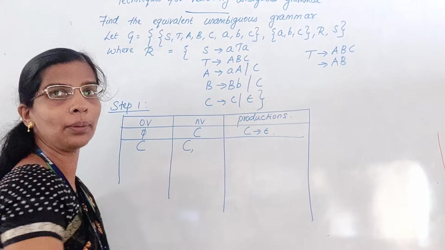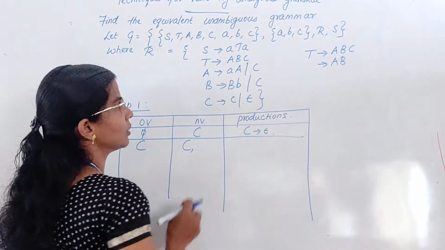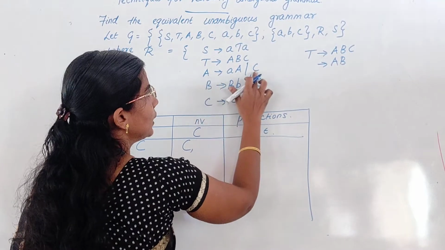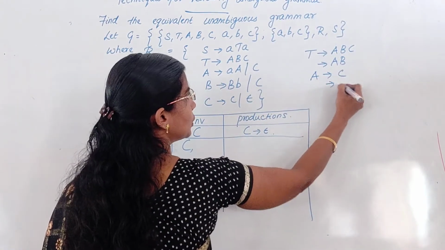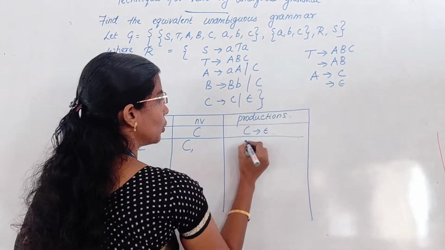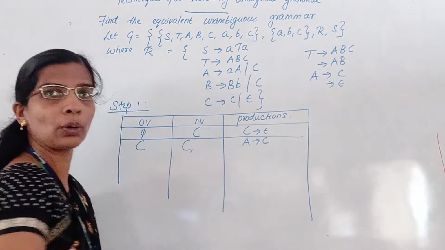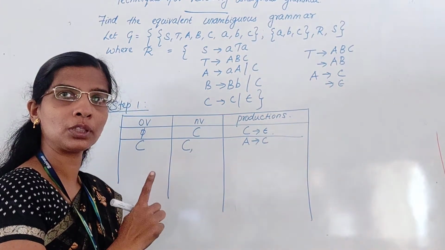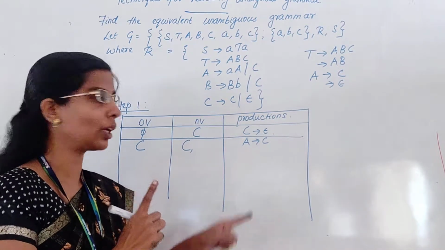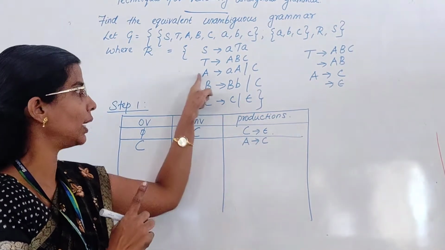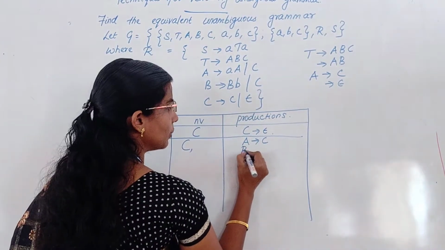I get A, B. I am not getting only epsilon in RHS. But here you check A tends to C, substitute, you will get epsilon. So you write this production A tends to C. Why am I writing it? When I substitute epsilon for C, in RHS I am getting only epsilon. Similarly, I can write B tends to C.